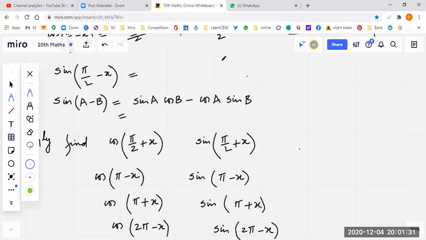I'll get sine of pi by 2 cos x minus cos of pi by 2 sine x. Now sine pi by 2 is 1, so this is equal to cos x, and cos pi by 2 is 0. So sine pi by 2 minus x is equal to cos x. See, we have proven this.